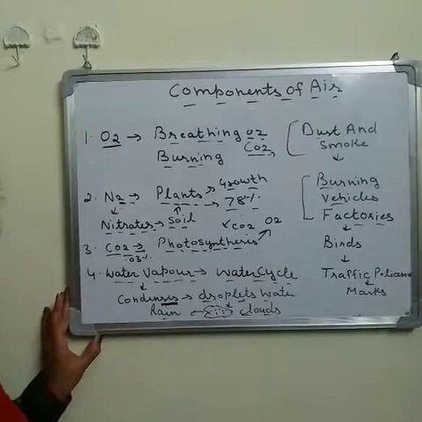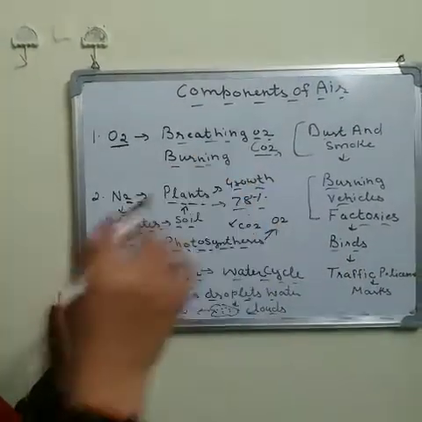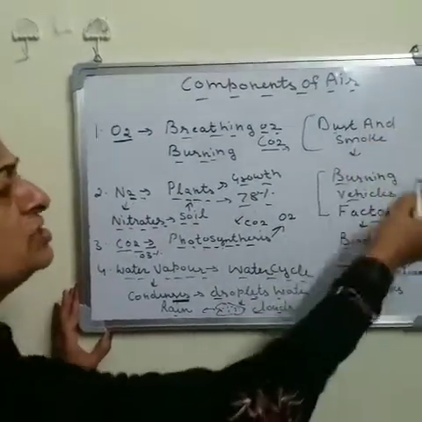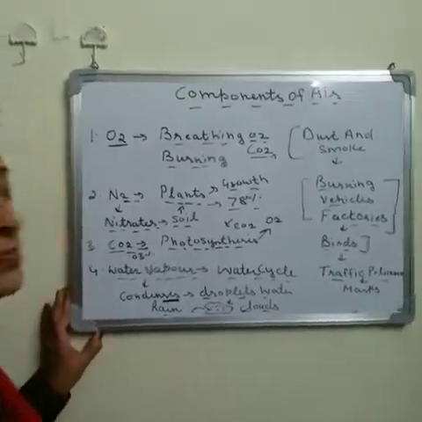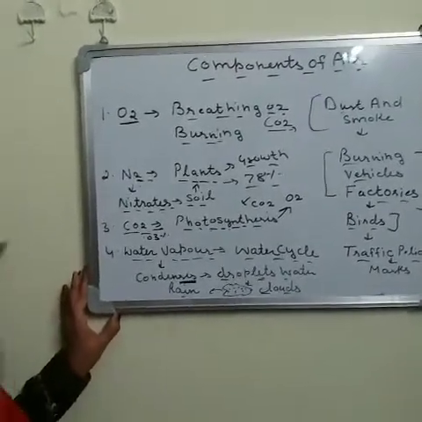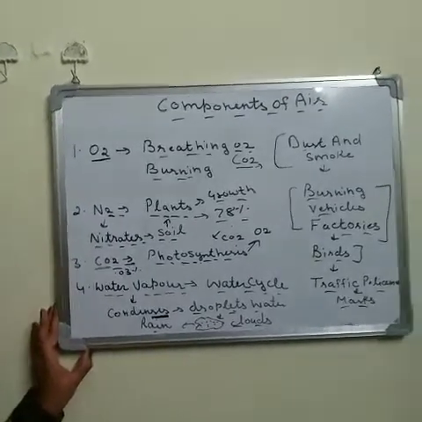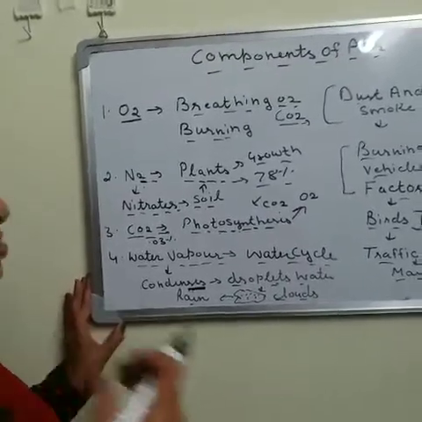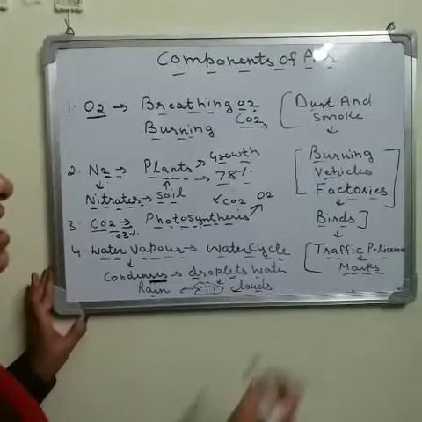They are harmful for us, and also for the birds that are flying higher in the sky. So we should try to reduce the pollution level. You have mostly seen traffic policemen often wear a mask. Why? Because they are on the road, where a number of vehicles are passing and releasing harmful gases. To protect themselves from these harmful gases, they wear a mask.